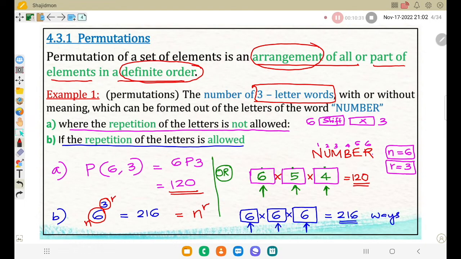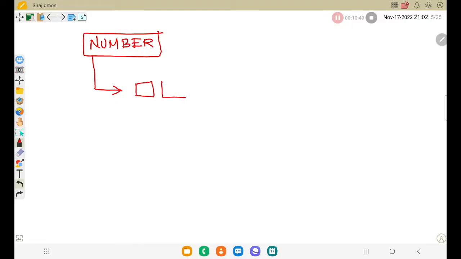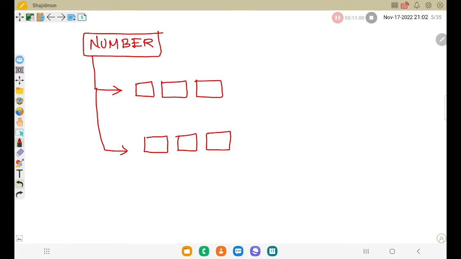So what we studied is, if you get a question like this, NUMBER, just a short way I am telling: how many ways can we arrange 3 letters, or how many 3-letter words can we create by using the letters of the word NUMBER, with repetition or without repetition.